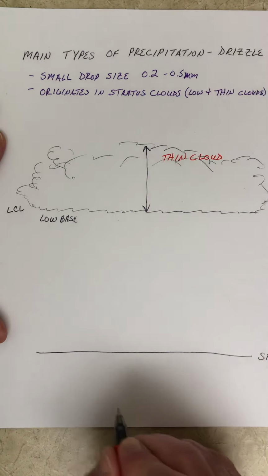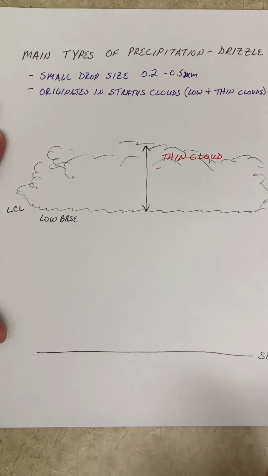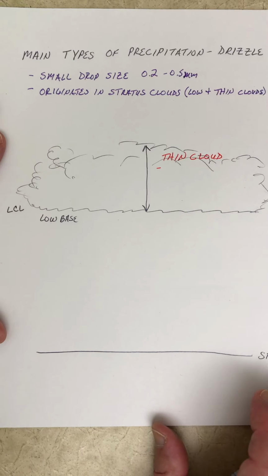Okay, and why is that important? Well, with a thin cloud, so we've talked about precipitation. Two ways in which precipitation forms is through the collision coalescence process and the Bergeron process.